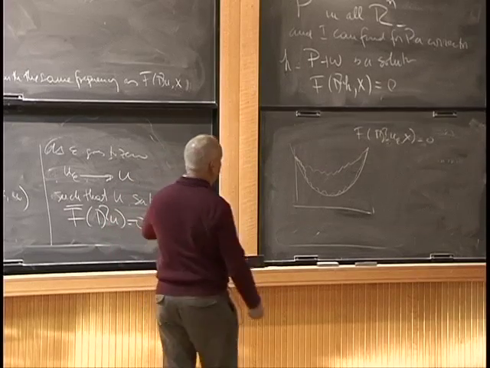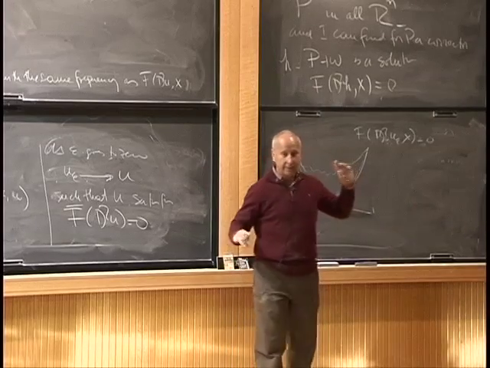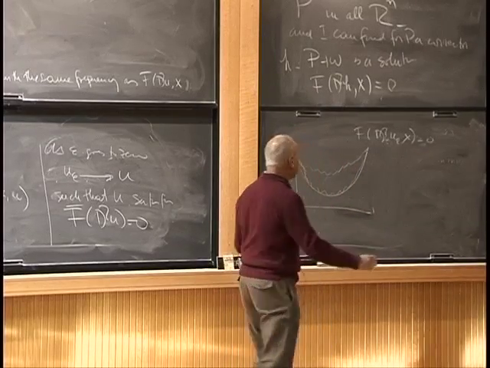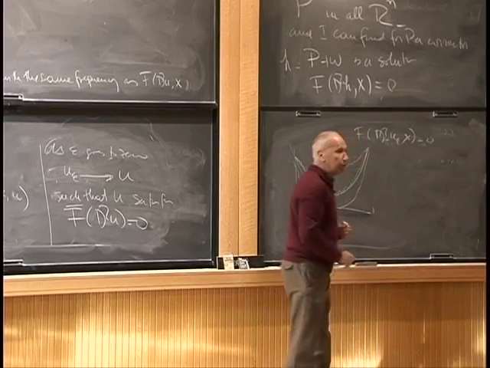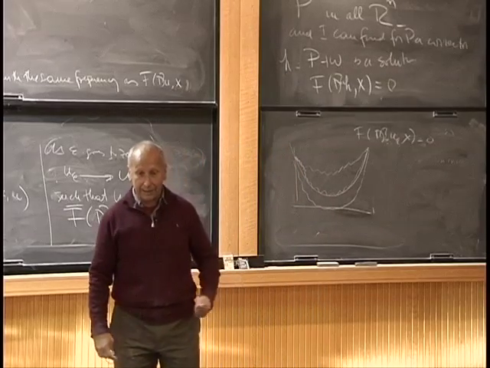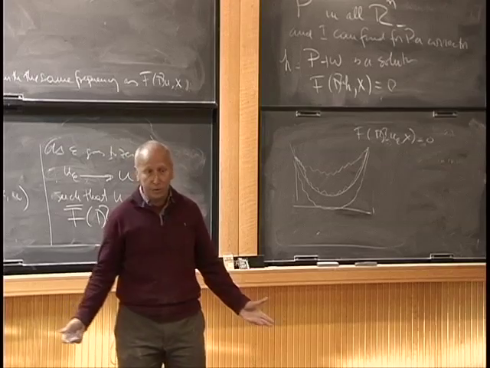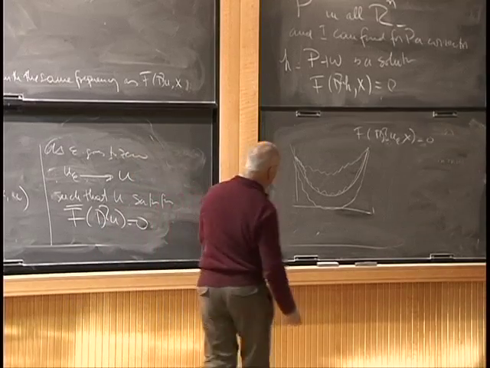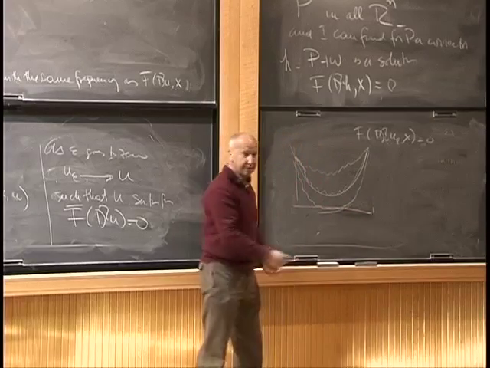If u epsilon separates upwards, then I'm okay. If u epsilon separates downwards, then the limit in the polynomial qualifies as a super solution, because it can only touch the solution from below. I can only touch this wiggle if I lower the polynomial, raise it, and touch here.